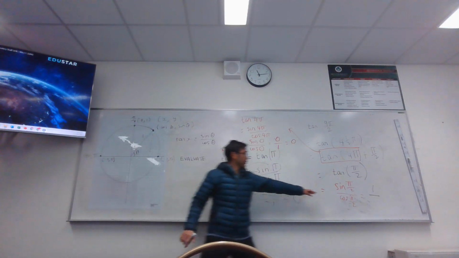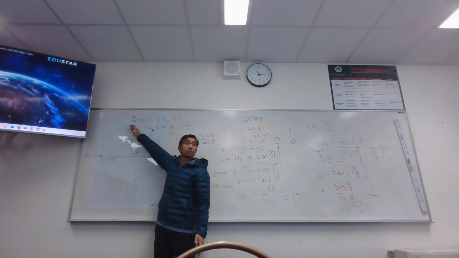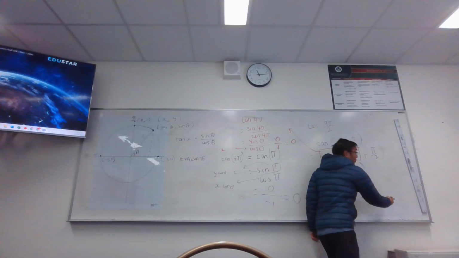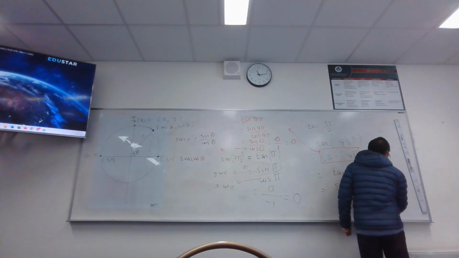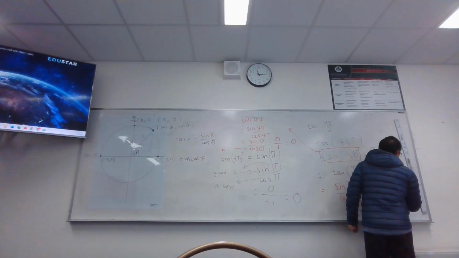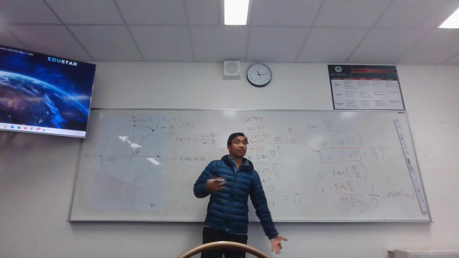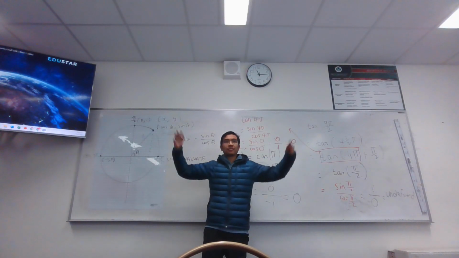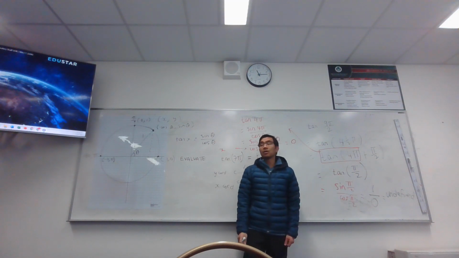Because cosine means x coordinate, at pi on 2, what's the x coordinate that we see there? 0. And 1 divided by 0 is undefined. When the 0 is on the ground underneath, you've got nothing to stand on, you're kind of floating. It's undefined. Maybe that's one way you can memorize that.